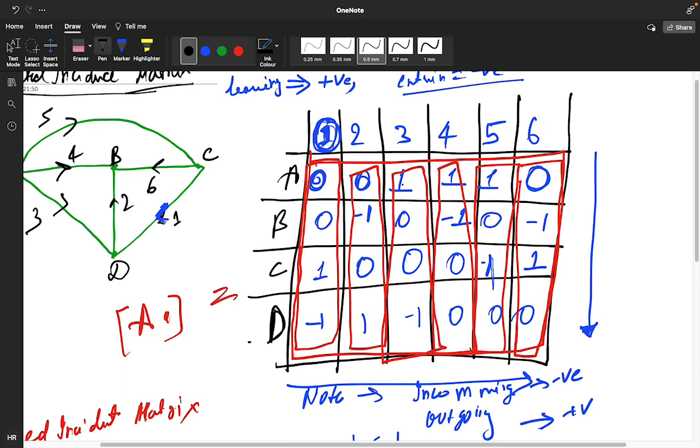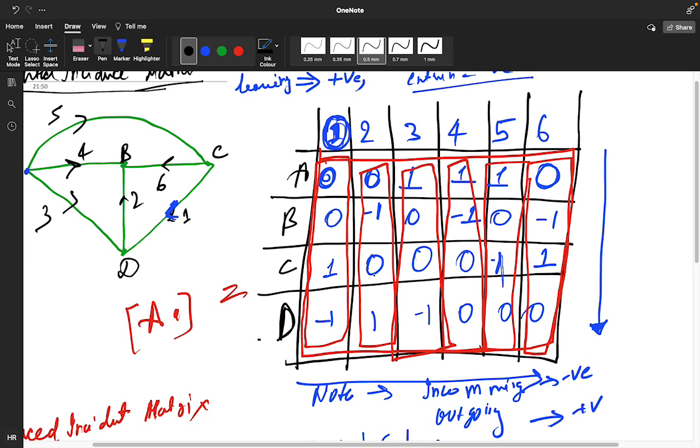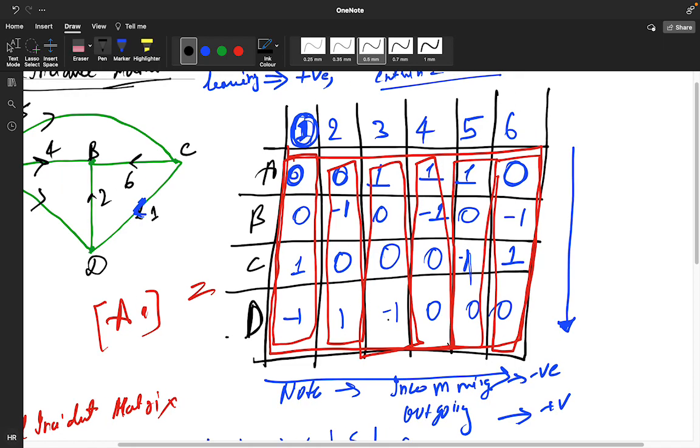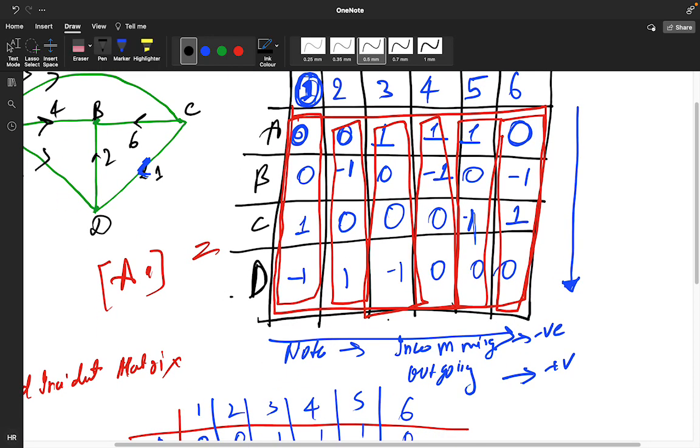So here the degree is 3, 1 2 3. Here also the degree is 3 only, 1 2 3. And here also 1 2 3, and here it is also 1 2 3. So in these questions we are not getting degree 2.